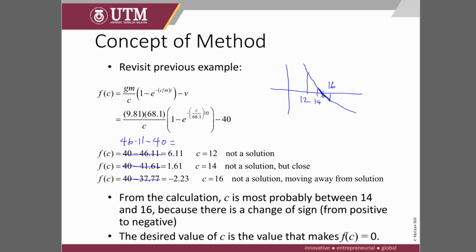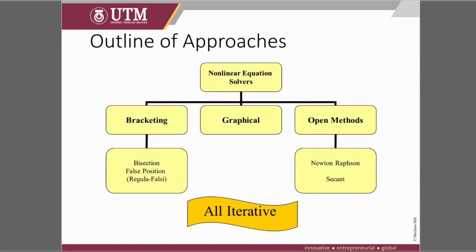So this is the root here. That is our guess for the moment. So we have an idea where the root is located. All right, so let's go to the next slide.